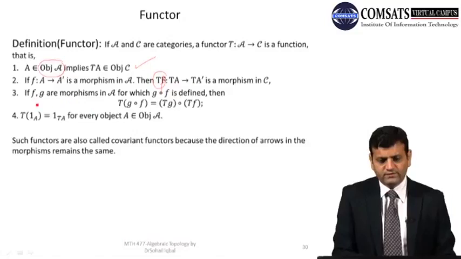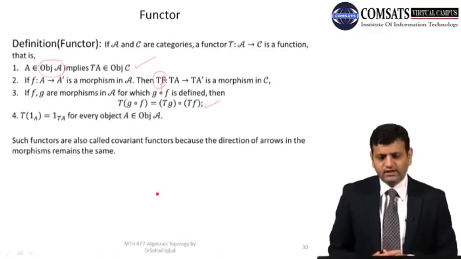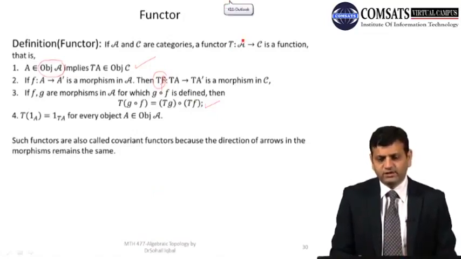If F and G are morphisms in A for which G circle F is defined, then we can also give the image of this composition, which is defined as the following. A category has three main components: objects, morphisms, and composition. So a functor will give me images of the objects, images of the morphisms, and also how to give the image of the composition.